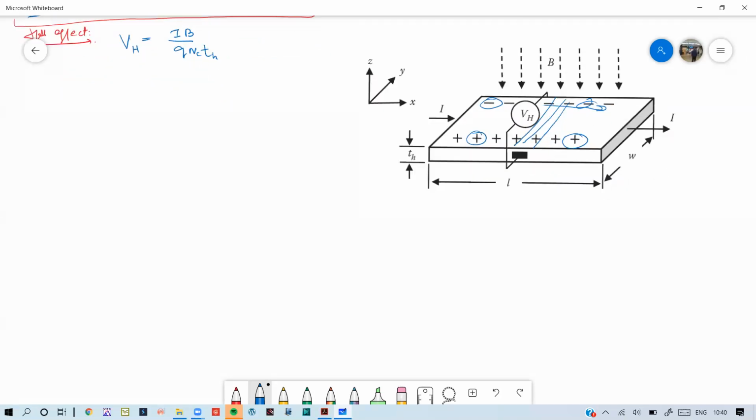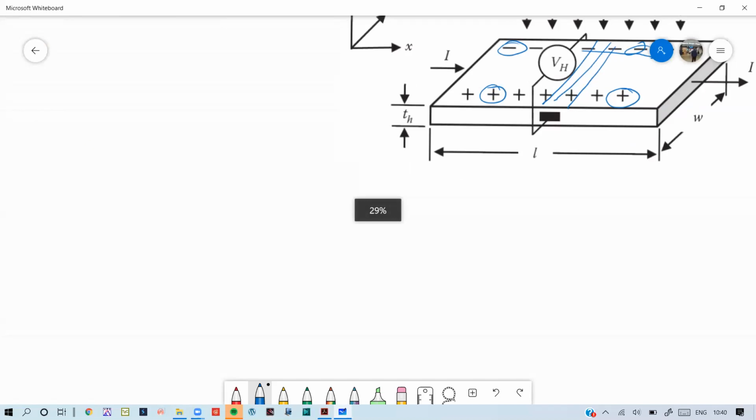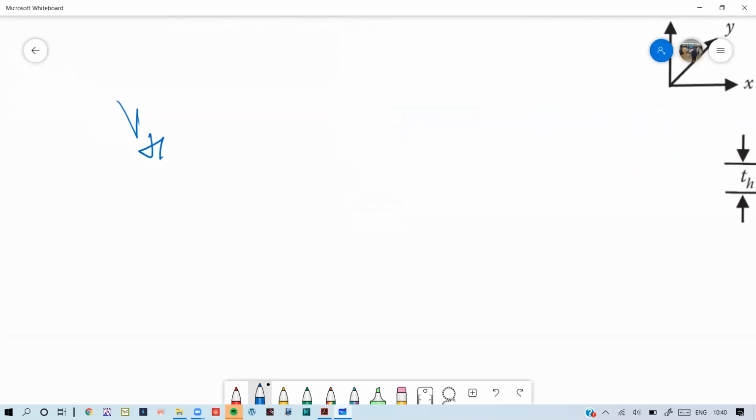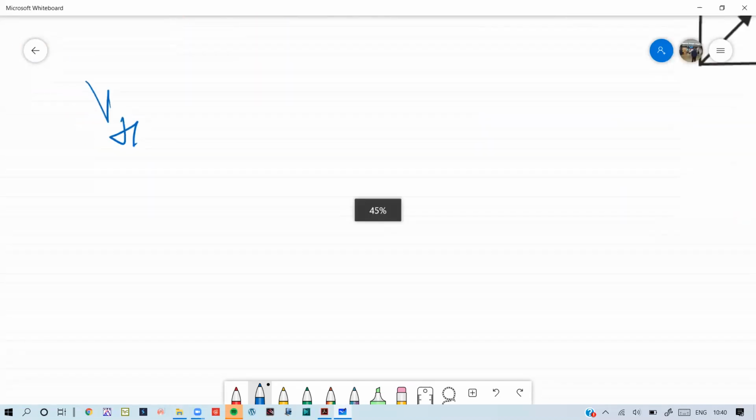Before that, we rewind the Hall effect, that is the Hall voltage VH, which is developed across this semiconductor or material.